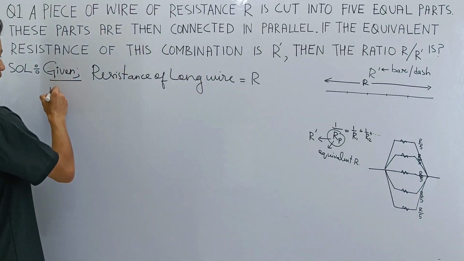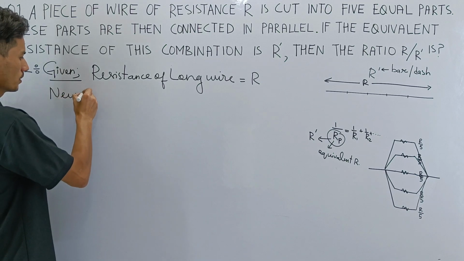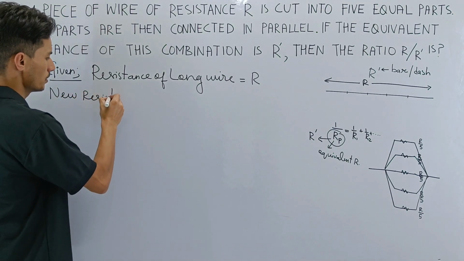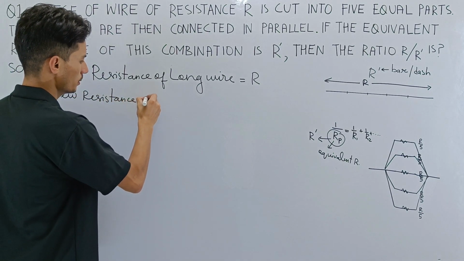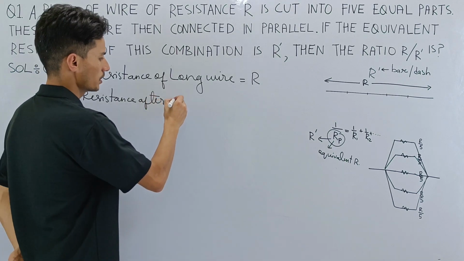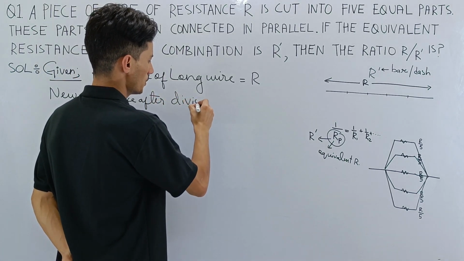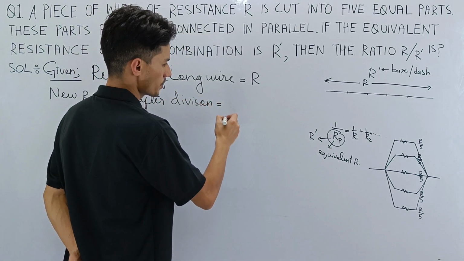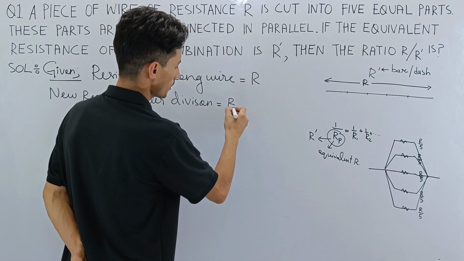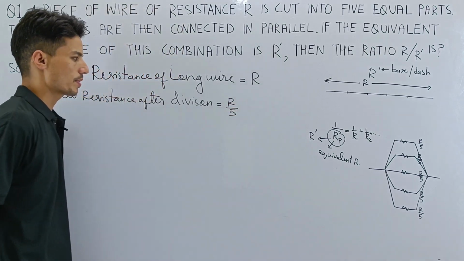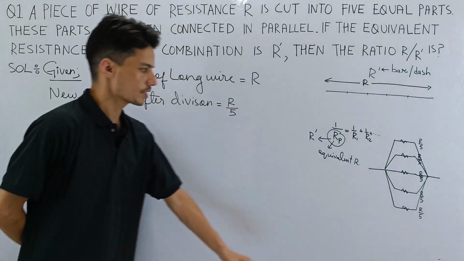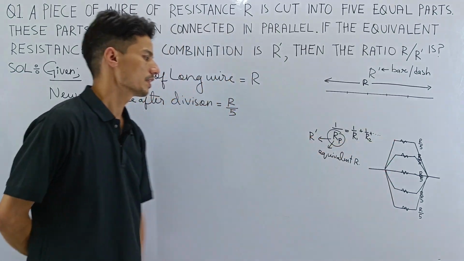So we can write the new resistance after division. What is the new resistance after division? They are R by 5 only. Each of them is R by 5.